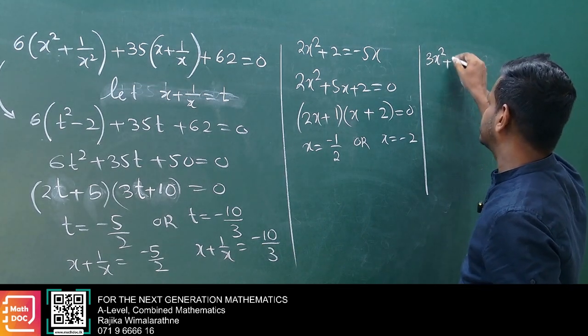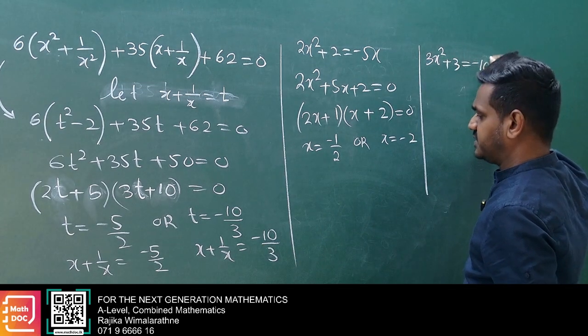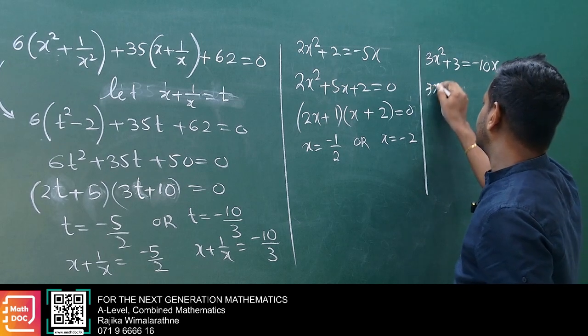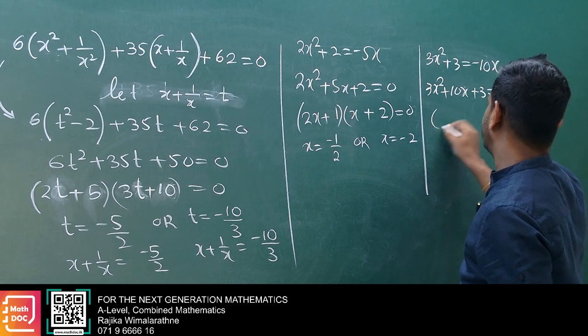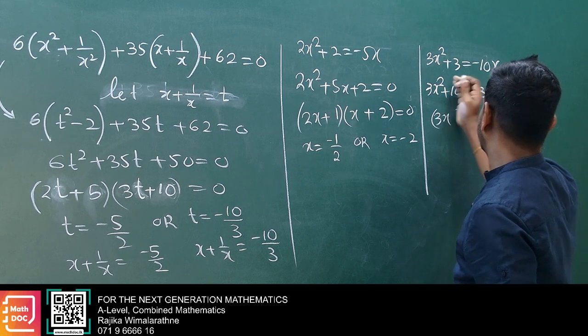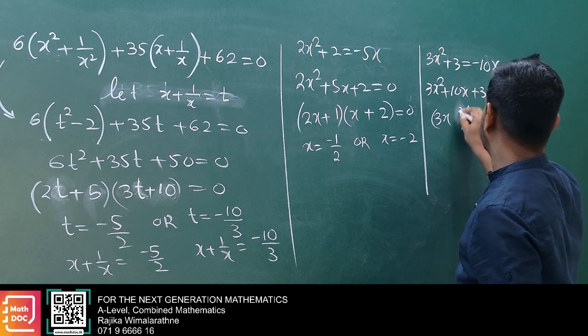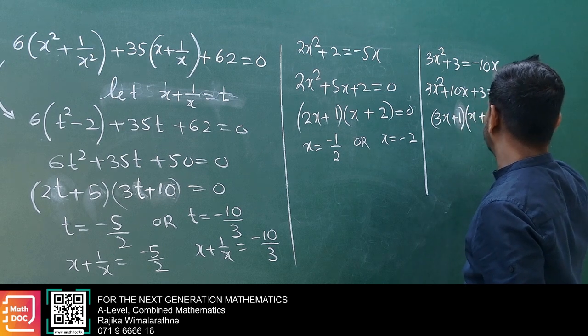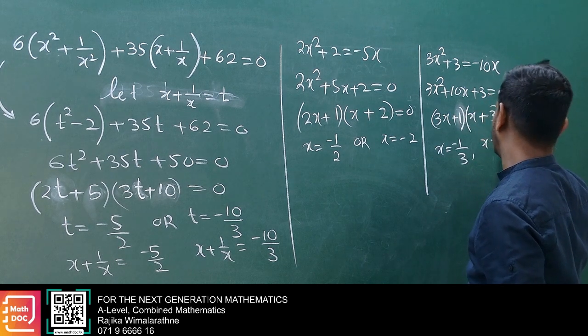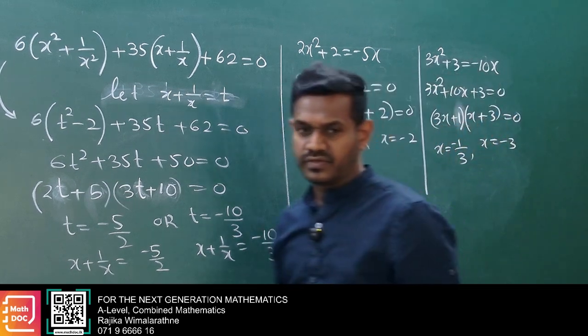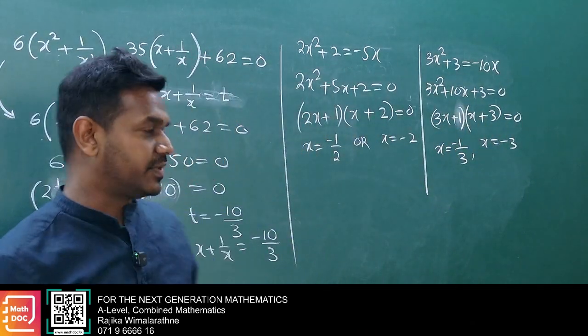Then 3x squared plus 3 minus 10x, so 3x squared plus 10x plus 3 equals 0. Factorize: (3x plus 1)(x plus 3) equals 0. Then x equals minus 1/3, x equals minus 3. Two possibilities. Altogether 4 possibilities.